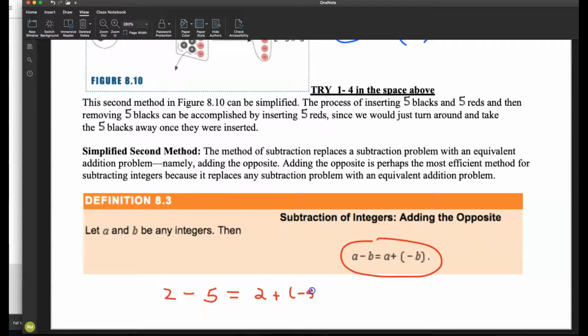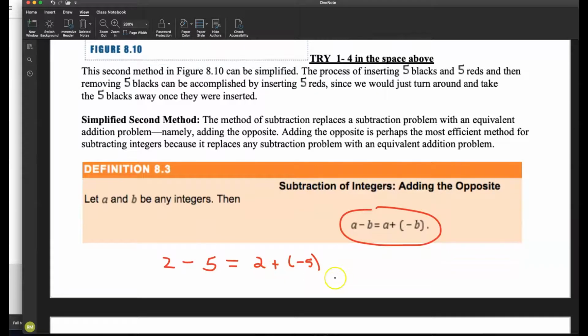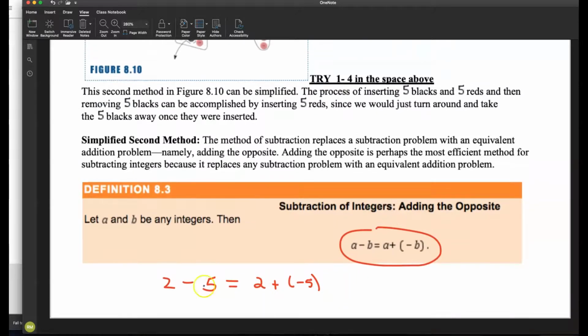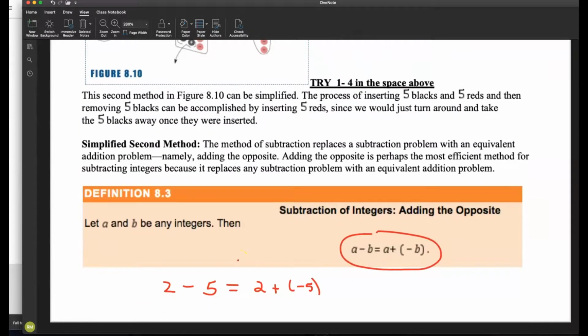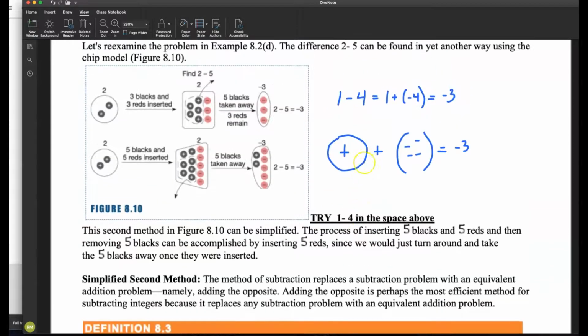Once I know how to do addition of integers, I can turn every subtraction problem into an addition problem. And here's negative 1 minus negative 4.